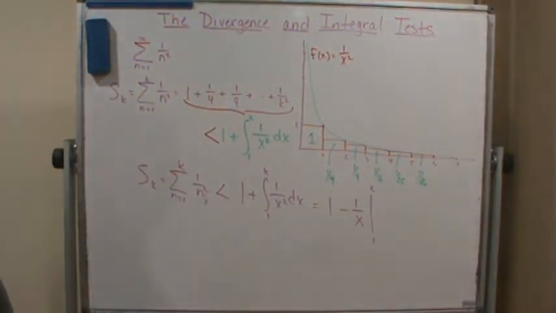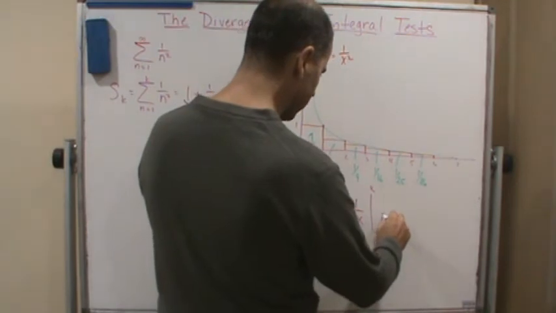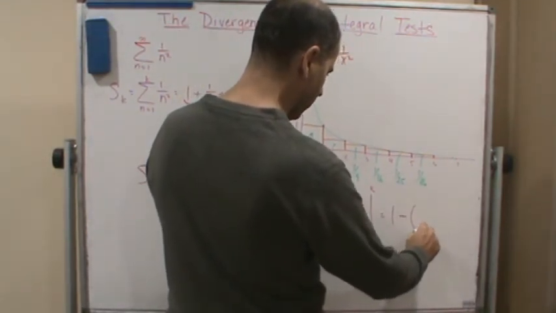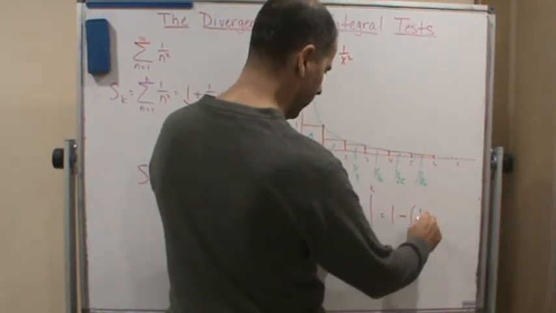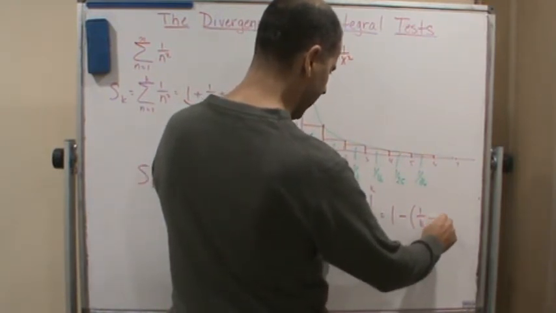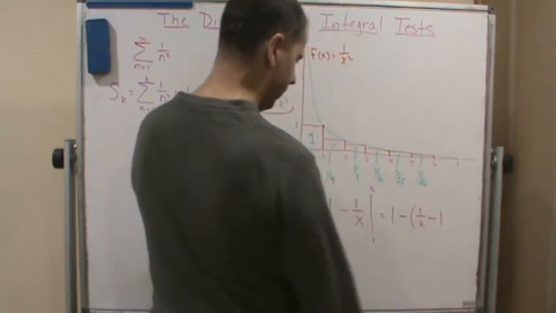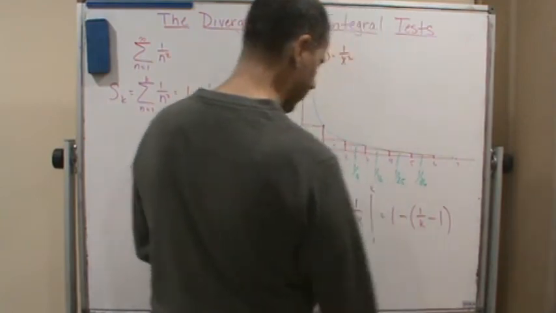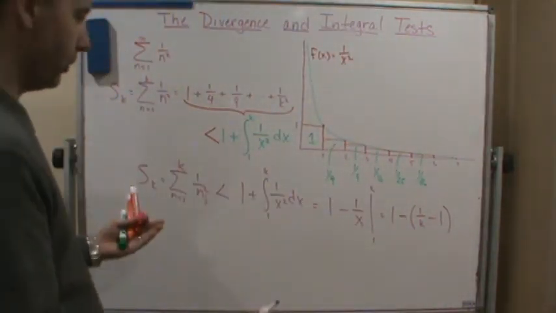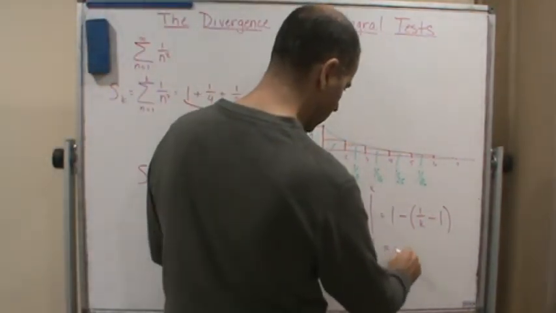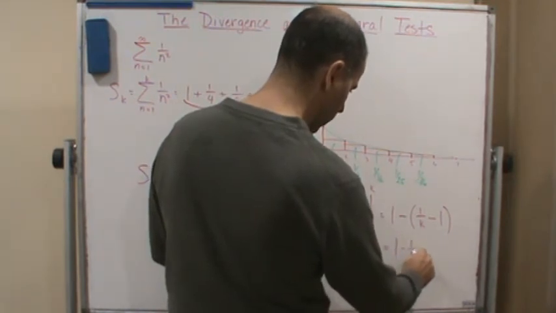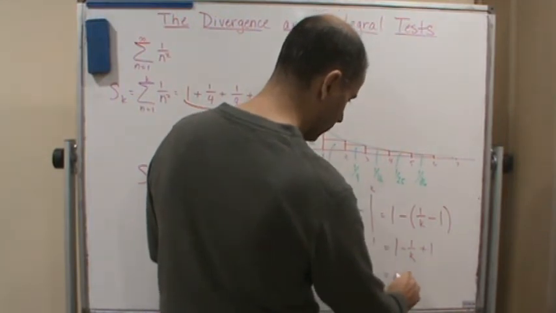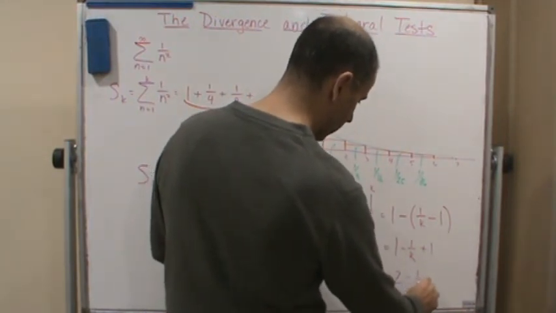This is going to be equal to 1 plus, 1 minus 1 over k minus 1. So this equals 1 minus 1 over k plus 1, which equals 2 minus 1 over k.